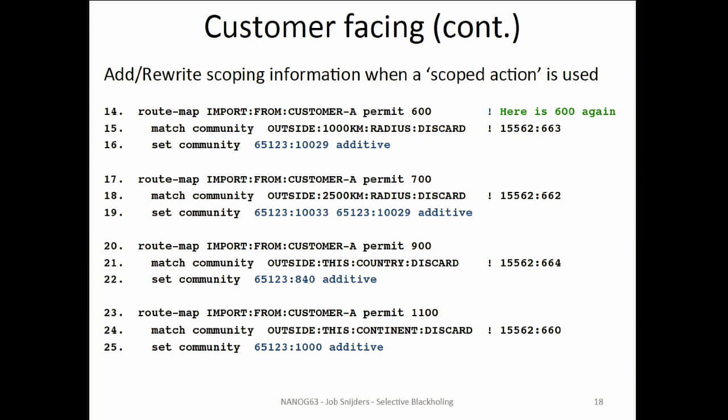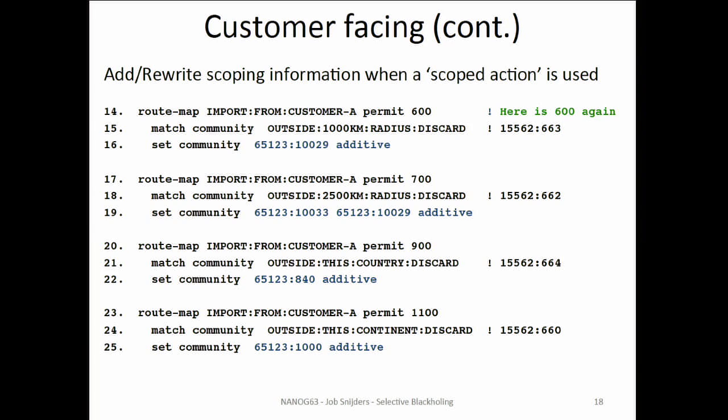At stanza 600, where we jumped from when we matched that there was a scoped action, we figure out what the intended action is the customer wants the service provider to perform. And depending on that, we will add some communities.